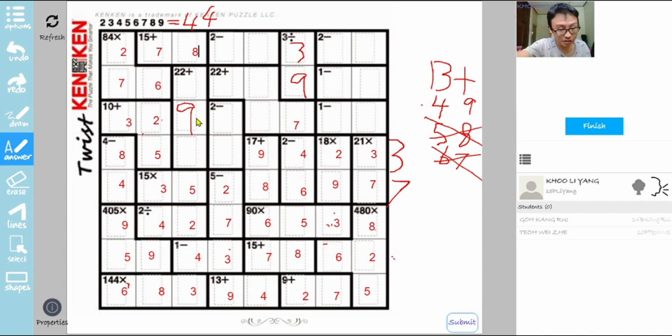In this column, the numbers left are 6, 7, and 9. Since 6 and 7 are used in this row, the number left is 9. So 9 will be here.